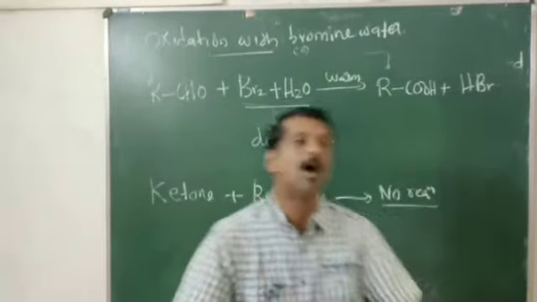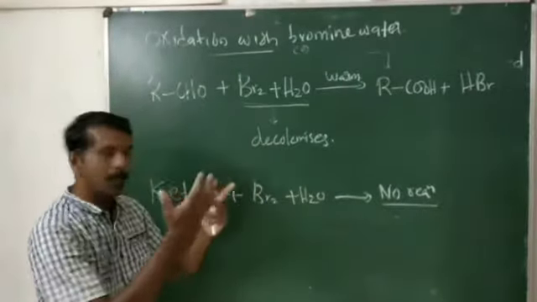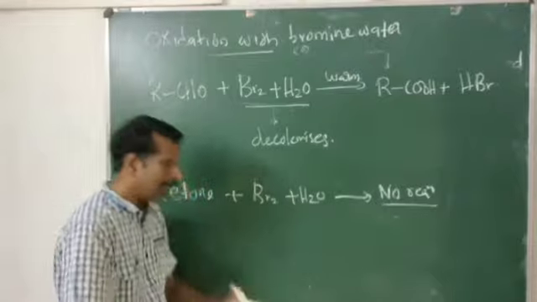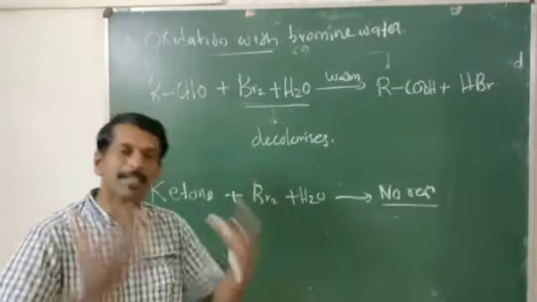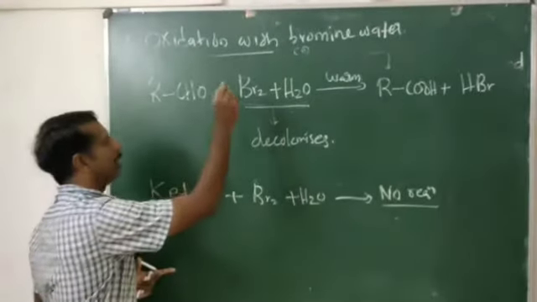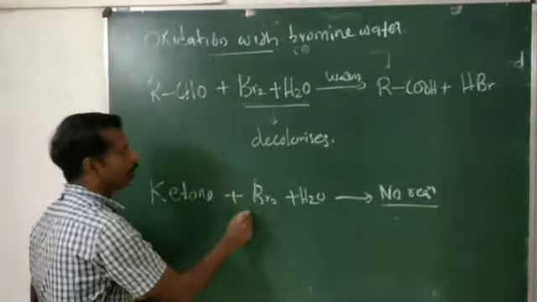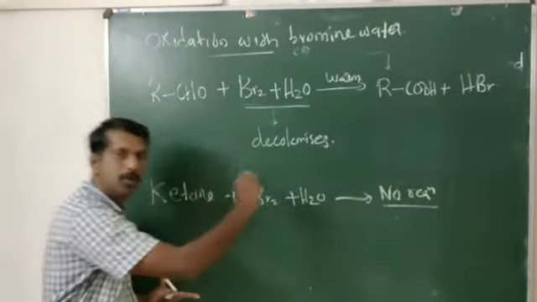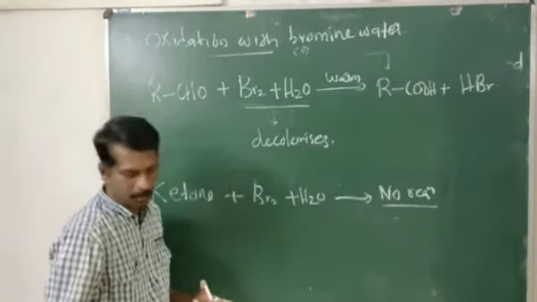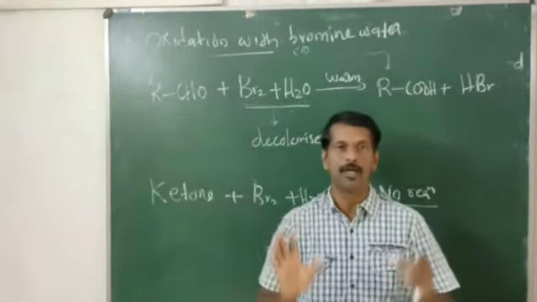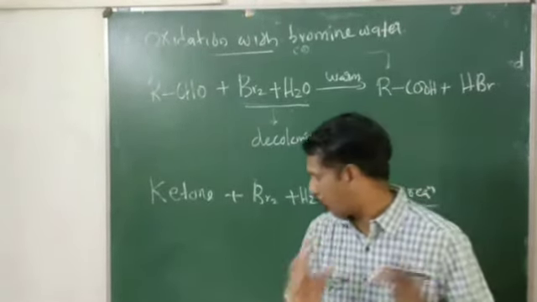While ketones cannot reduce bromine water, therefore the pale pink color persists. So this is another test to distinguish between aldehyde and ketone. Aldehyde decolorizes bromine water; ketones do not. Okay, so that's all about oxidation reactions of aldehydes and ketones.